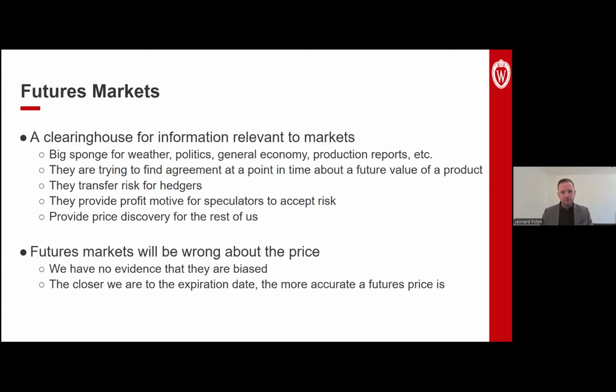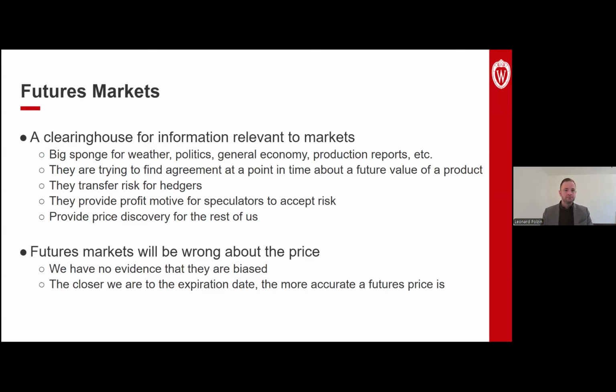It takes all of these different things that are going on, from politics to policy to tariffs to trade to international production to weather to whatever the most recent report is, and kind of decides, right, through buyers and sellers and hedgers and speculators and all of this to come up with what the current price equilibrium, what the market believes it should be at any period or point in time.